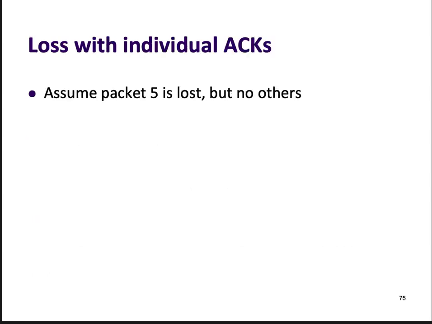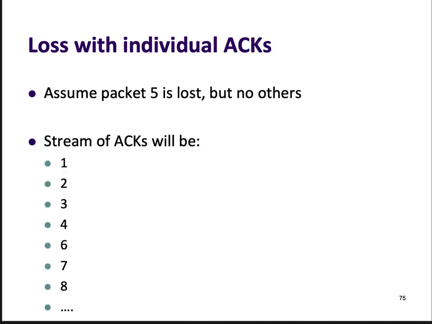So let's actually walk through this. Let's say we had individual ACKs, and only packet 5 was lost. If you look at the stream of acknowledgements that the sender is receiving, this is individual ACKs, so I receive packet i, I send ACK i. You're going to see a stream of ACKs that look like this. As you can see, we never got an ACK for packet 5.